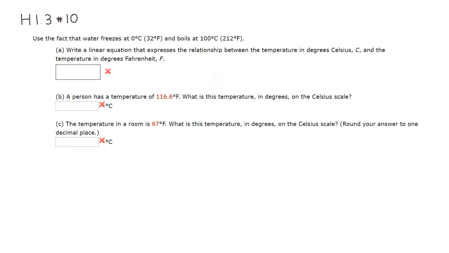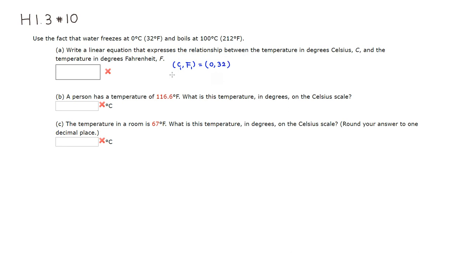So you have a C value and an F value, so you can think of it as a point, C comma F. I'm going to call the first point C1 comma F1: 0 degrees Celsius is equivalent to 32 degrees Fahrenheit.